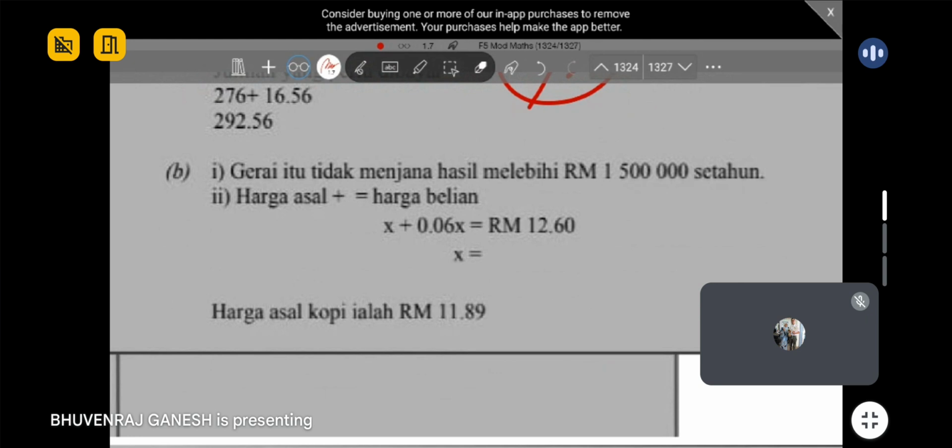Do you all understand this concept? Harga asal tambah cukai, kamu dapat harga dengan cukai. This is the total amount with tax. So you just need to solve this linear equation, then you will get the answer for X. X is actually 11.89 after you solve. Do you all understand? This is the method.